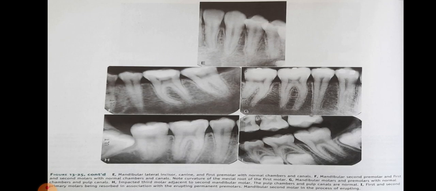The pulp chambers and pulp canals are normal in this also. Picture I is showing the first and second primary molars being resorbed in association with the erupting permanent premolars, and the mandibular second molar in the process of erupting, right?